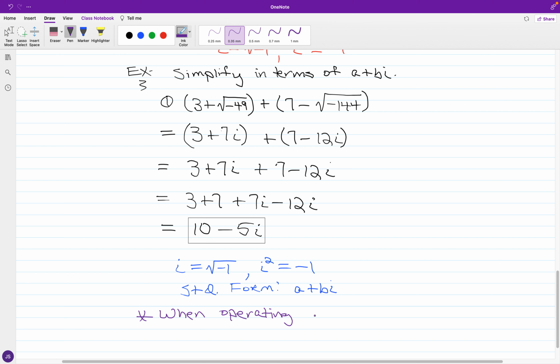Whenever you're operating with complex radicals, like the square roots of negatives, what you can do is go ahead and write the radicals in terms of i.